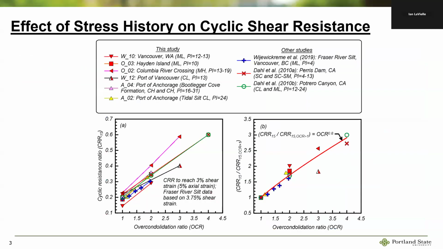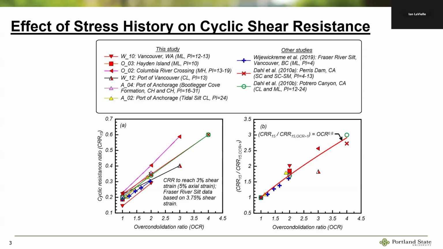One of the things that we found looking at the data in this database, which a lot of people have witnessed before too, is the dependence of cyclic resistance on OCR or stress history. Here you see the cyclic resistance ratio on the vertical axis versus overconsolidation ratio.